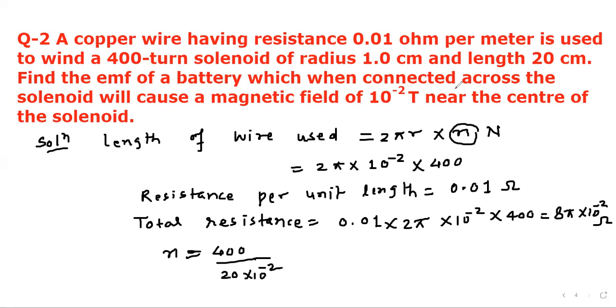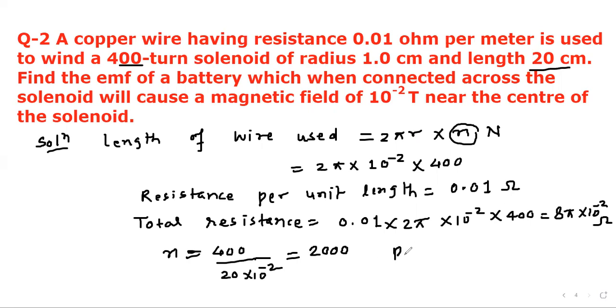In our question it is given that the length is 20 centimeter and total turns is 400. So it will come out to be 2000 turns per meter.